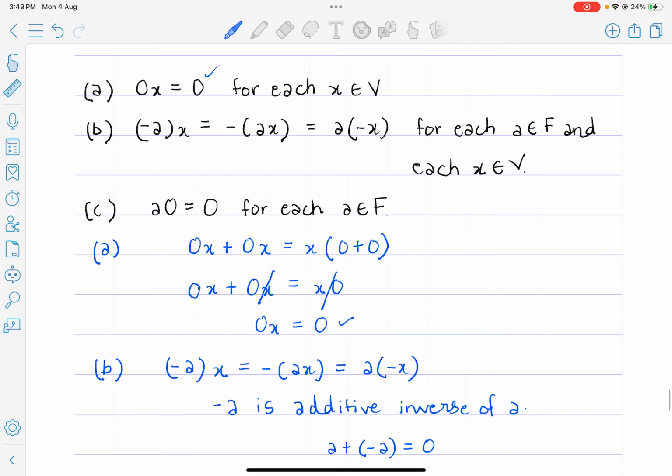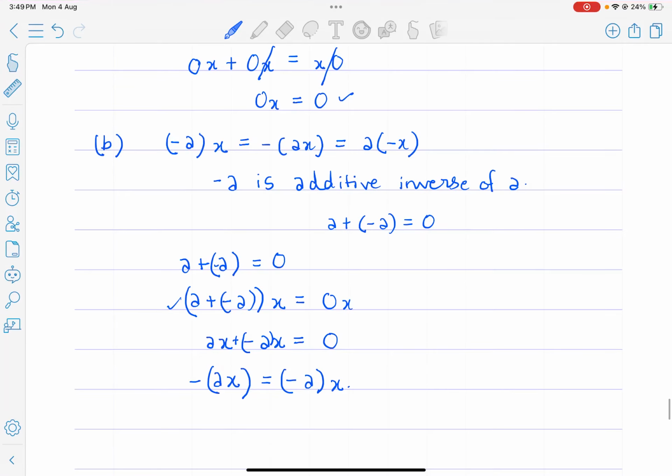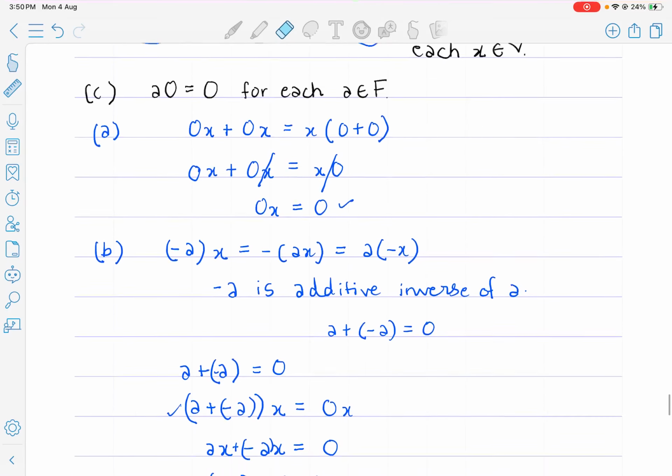I have proven one of them. To prove the other one, you do the same thing with a times minus x. I will leave that as an exercise.